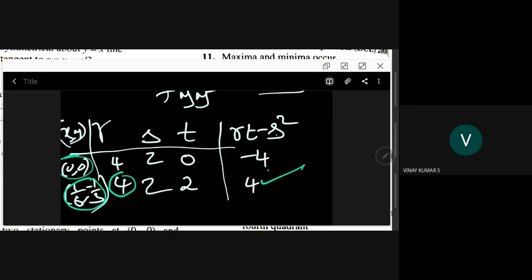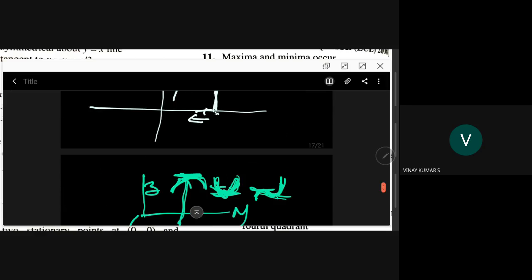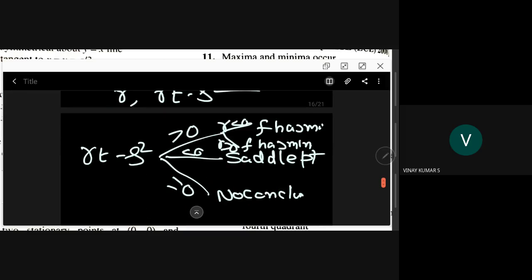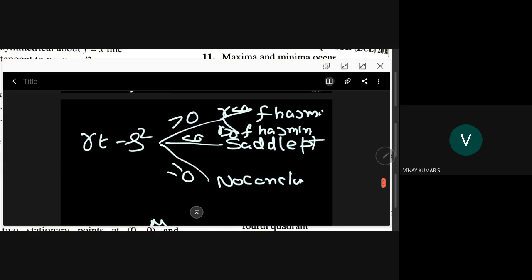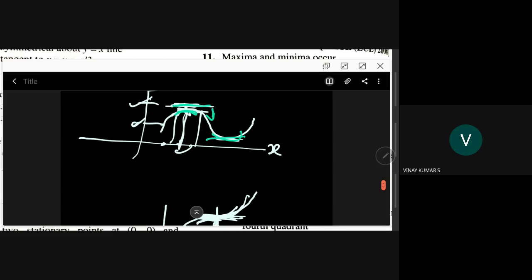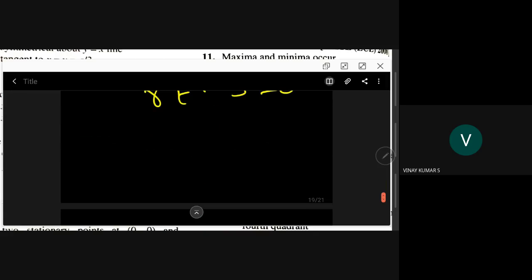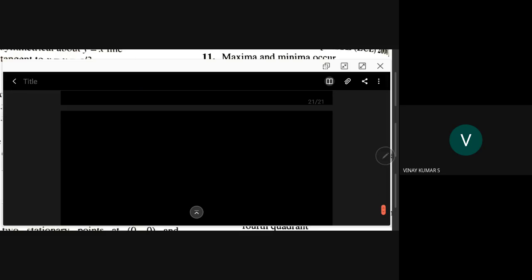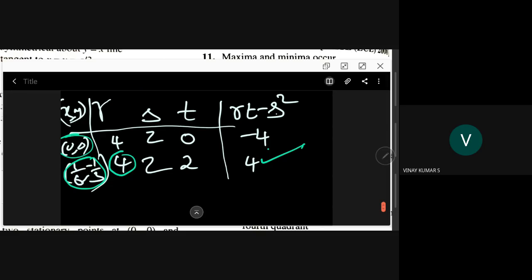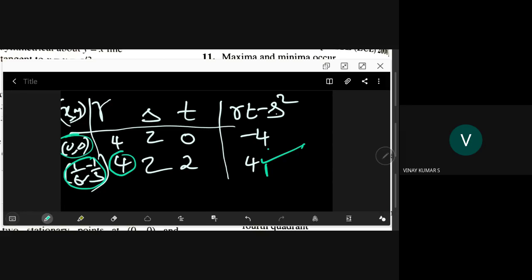If RT minus S square is greater than 0 and R is less than 0, then it is a maximum. R is greater than 0, so it is a minimum. R is greater than 0 here, so at this point it is a minimum. And the other is a saddle, because you have less than 0. That's the conclusion.